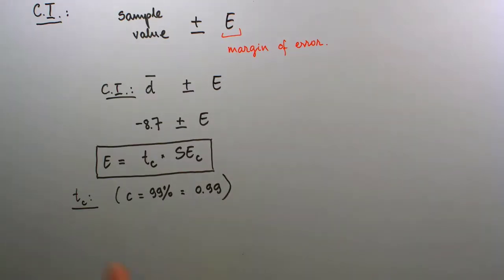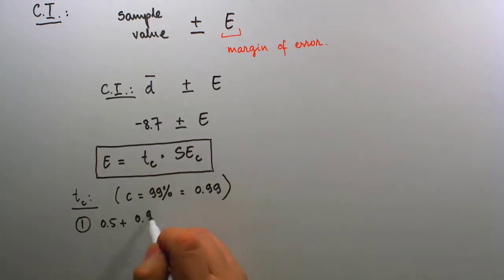So to calculate this T sub C, as step 1, I am going to go with 0.5 plus 0.99 over 2, because it's always 0.5 plus half of the confidence level that we have, provided the confidence level is in a decimal expression like this.